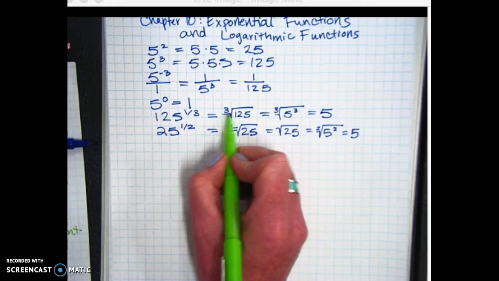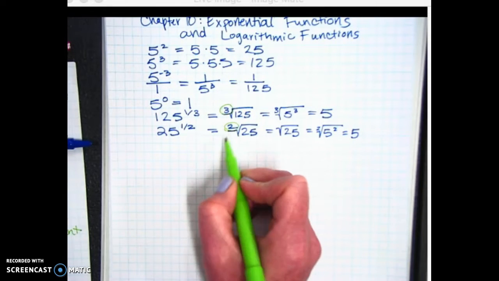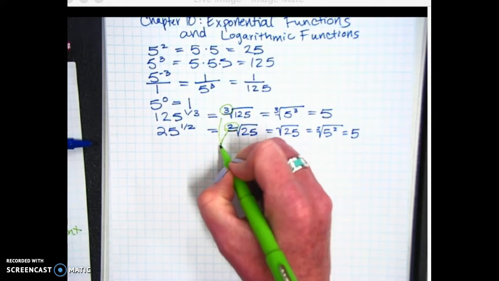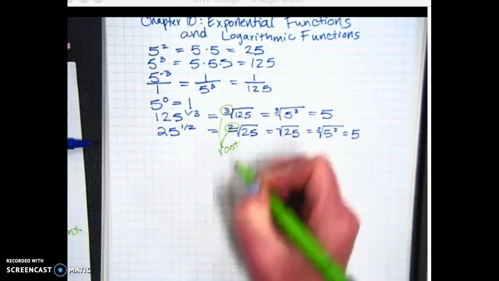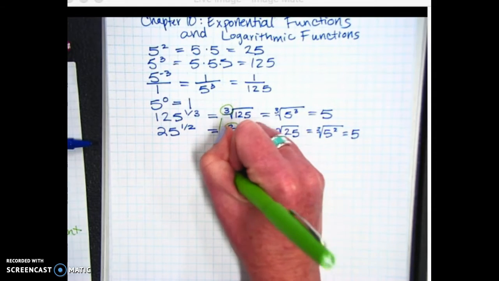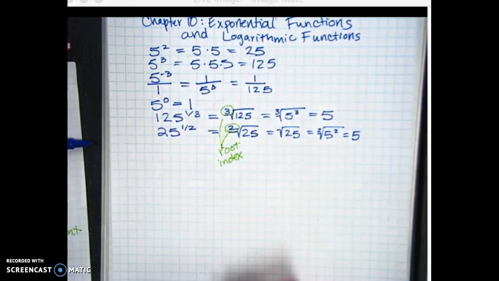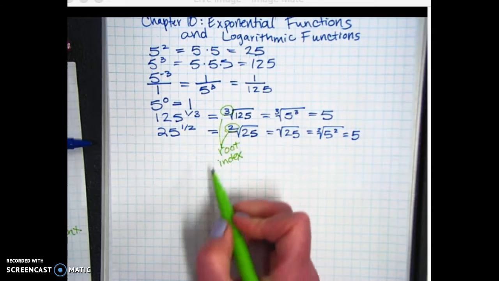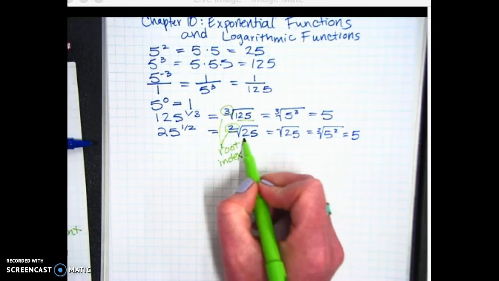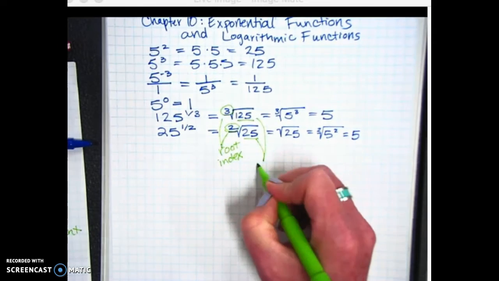This 3 and this 2 is what we call the root, or sometimes you'll see the word index, but usually I just call it the root. And then underneath, the number inside, we call that the radicand.